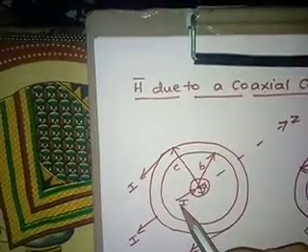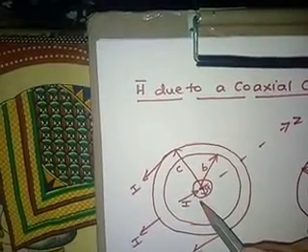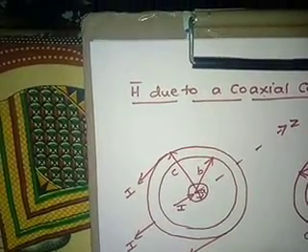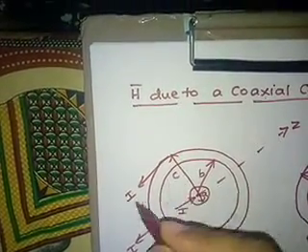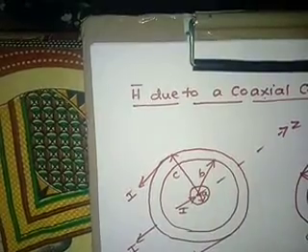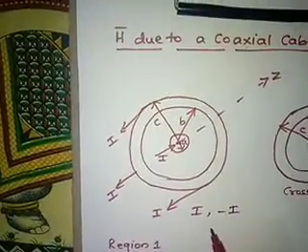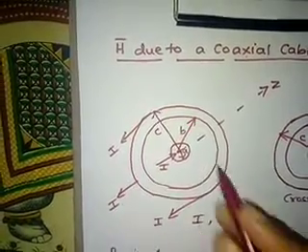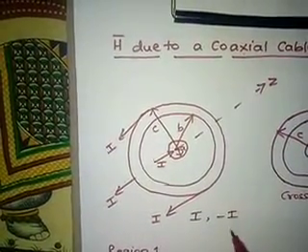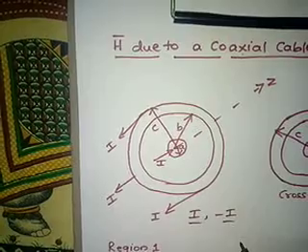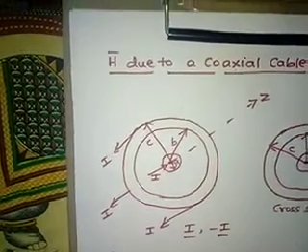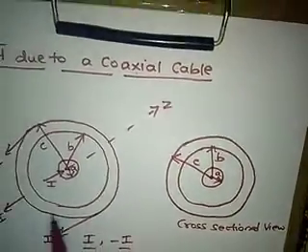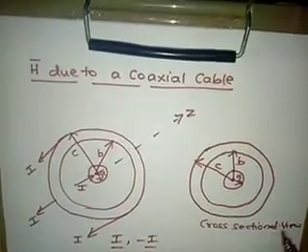The current flowing inwards can be taken as plus I, and the current flowing outwards in the outer conductor is taken as minus I. So the total current in the inner conductor is plus I, and the total current in the outer conductor is minus I.